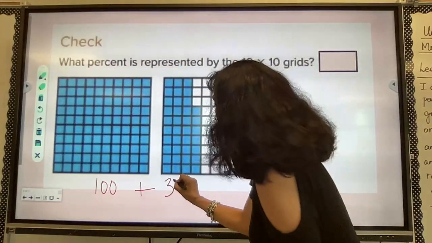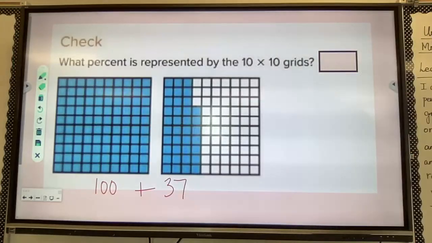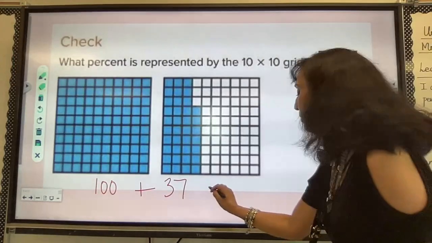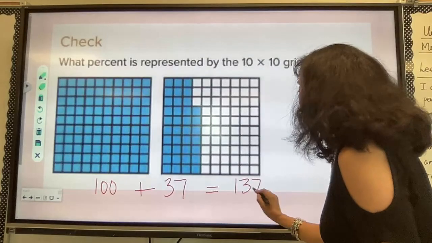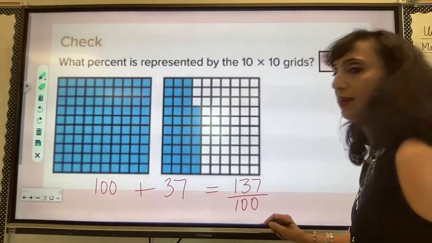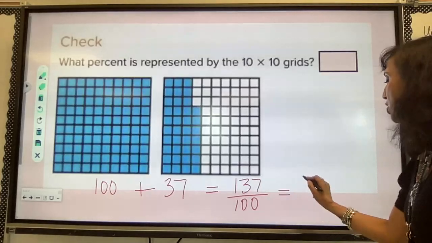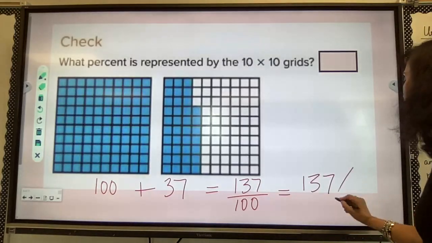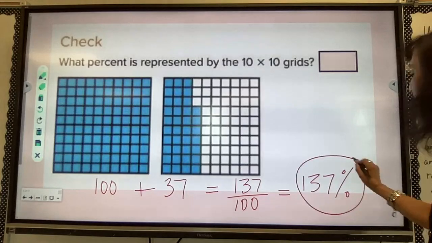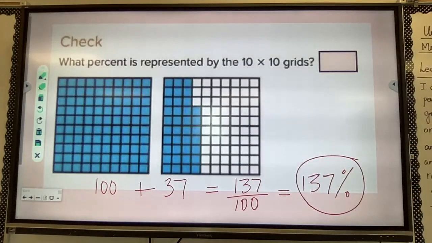So that's 37. So I have 137. That means this is 137 out of 100, which is 137%. And this is what is represented by this grid.